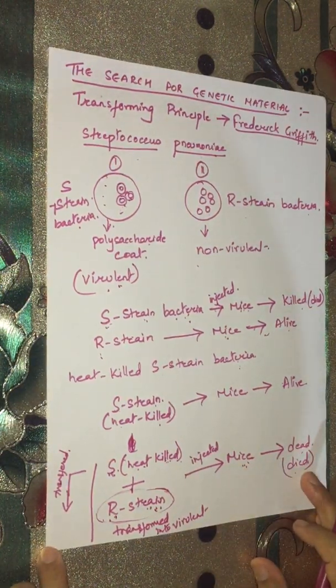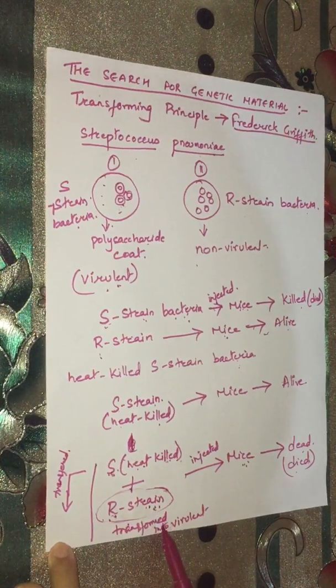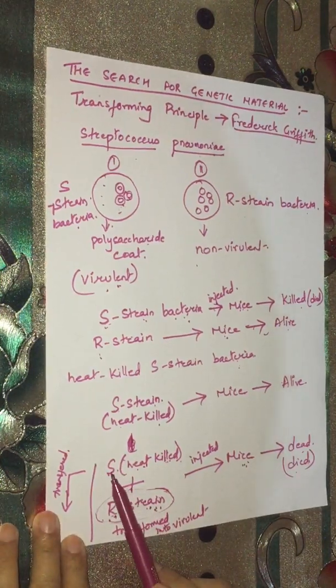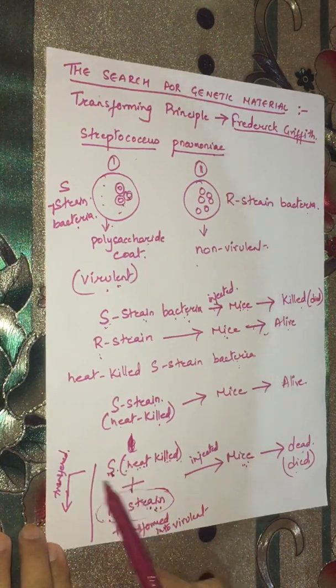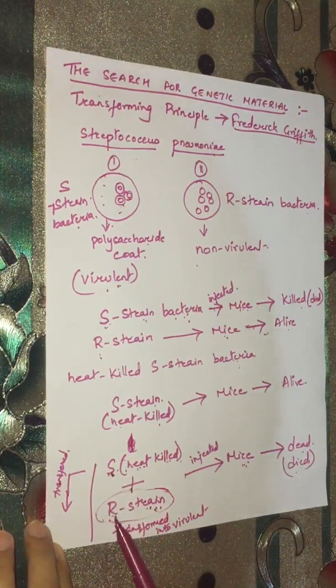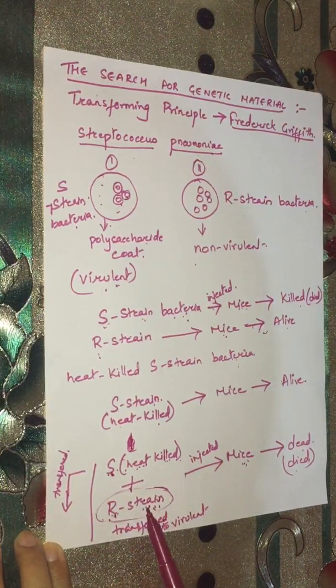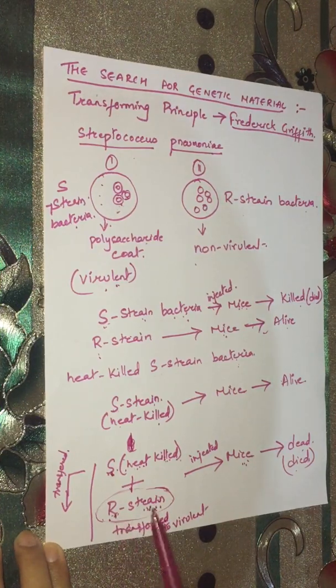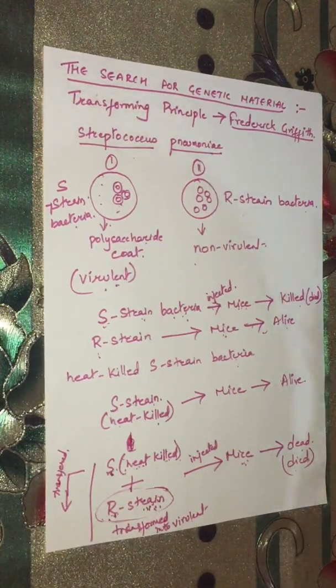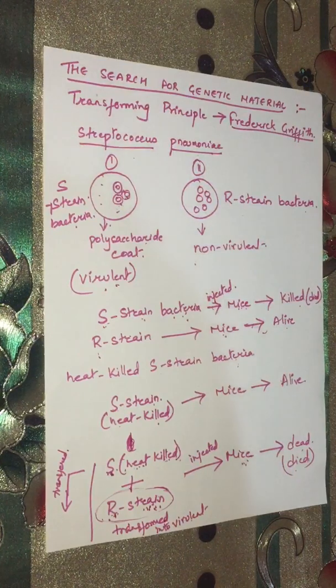At first it was not virulent, but from the cell of this heat killed S strain bacteria, something has transferred into the cell of R strain non-virulent bacteria, which transformed this R strain bacteria and made this R strain bacteria virulent. Then mice died.